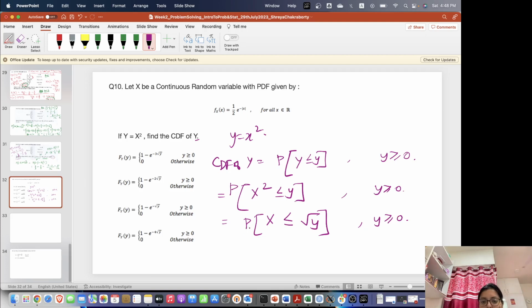So then putting value of x as root y, what we'll have here is the integral from minus infinity to root y of half e to the power minus mod x dx. Now y equal to x square.